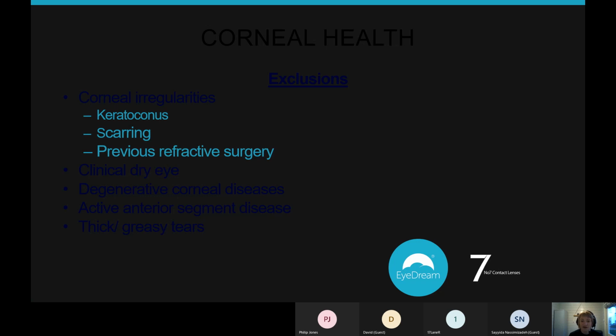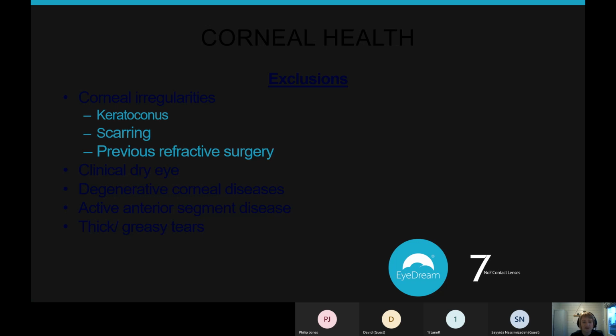So scarring. If you're fitting a regular contact lens, so maybe just a daily disposable or monthly disposable, you're really only going to think about scarring if it affects the vision, if it's over the pupil, or if it's causing distortion to the cornea that's affecting the vision. In ortho-K, we have to also think about how scarring might affect the fit, because we need that really lovely close alignment fit in the alignment zone to allow the forces to work properly to change the shape of that cornea.